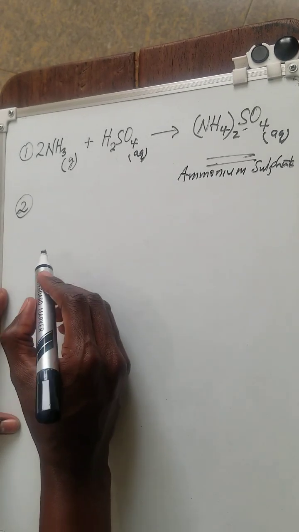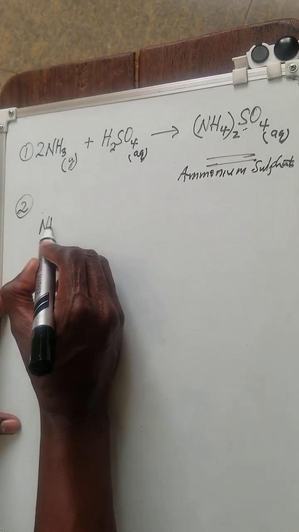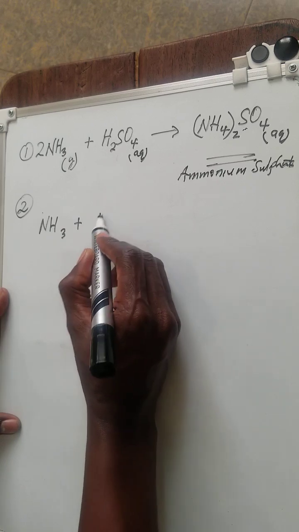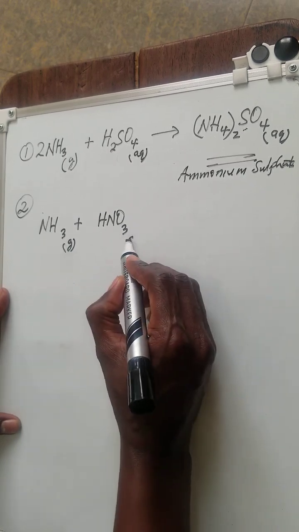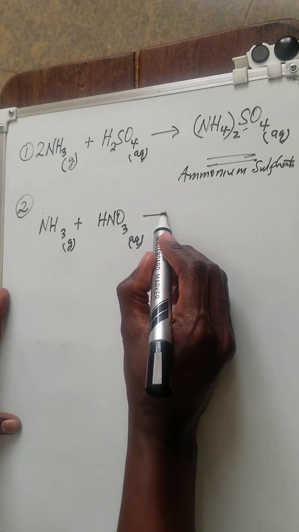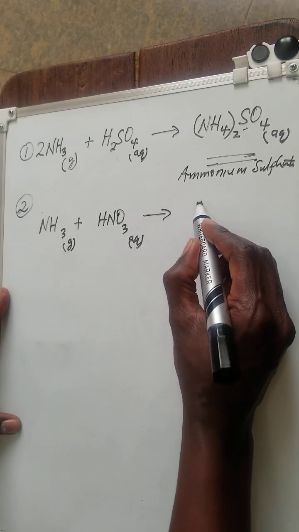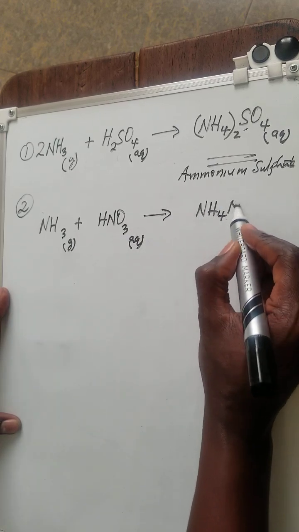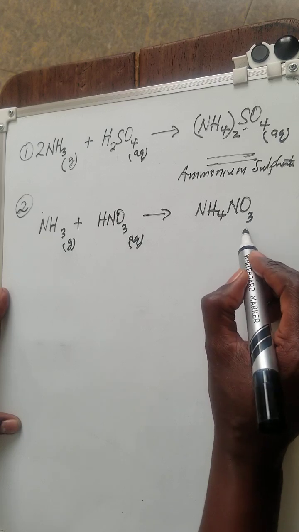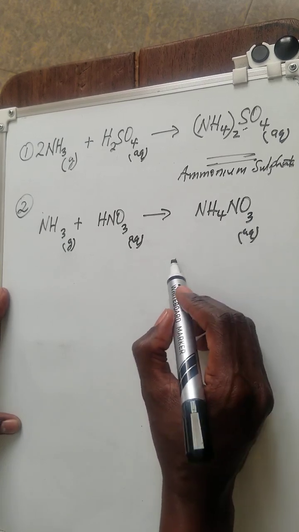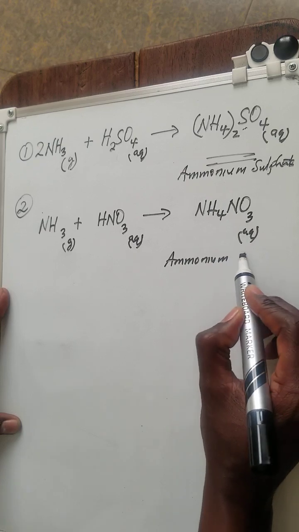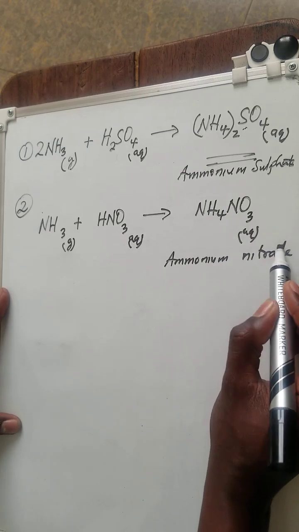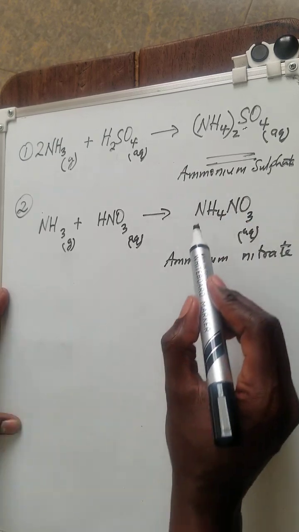The other one is when ammonia reacts with nitric acid, which is aqueous. You are going to produce ammonium nitrate. This is what we call ammonium nitrate. It's another type of fertilizer. Why is it needed by plants?